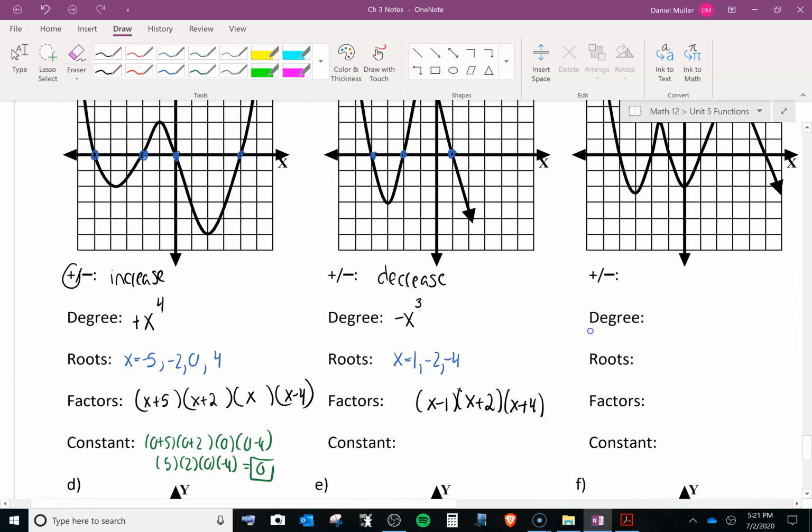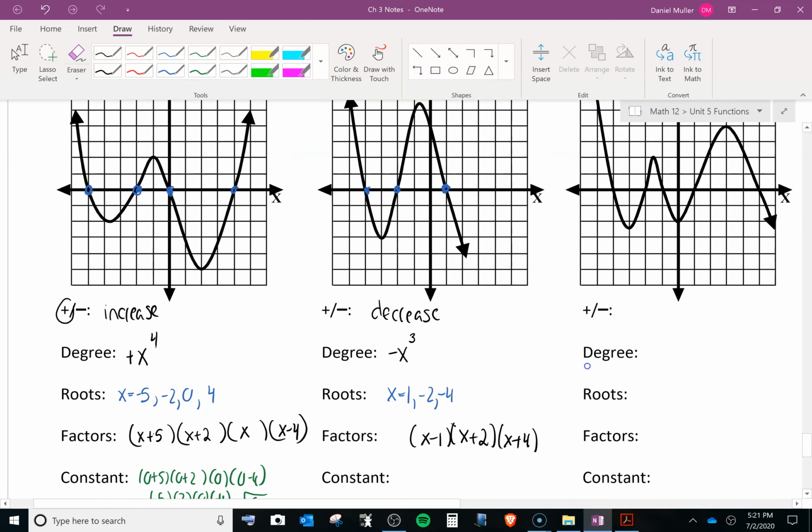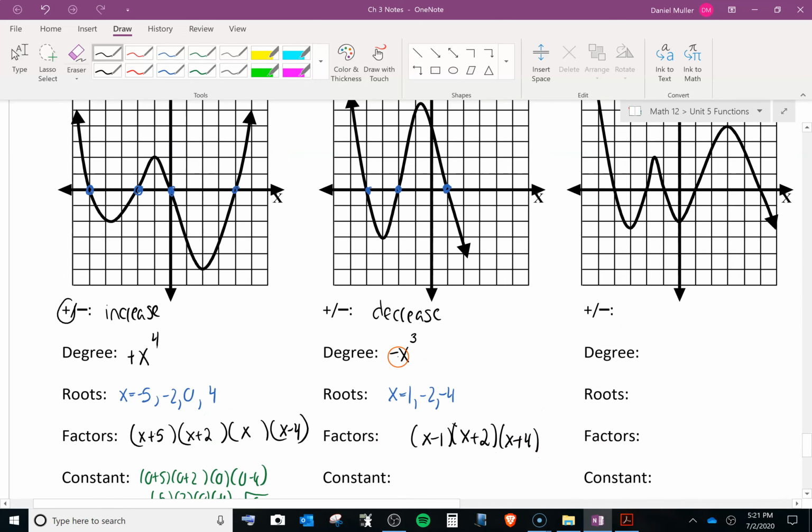The one thing about doing this, however, is that because it's negative, one of these x's has to be a negative. And that's really hard to do. So one of the things that we can do instead is put a -1 out in front. Because then when you multiply your x's, you can go x times x times x times -1, which will give you a negative x cubed.